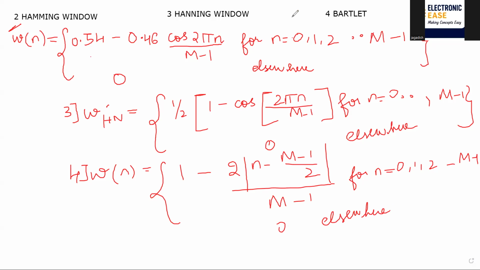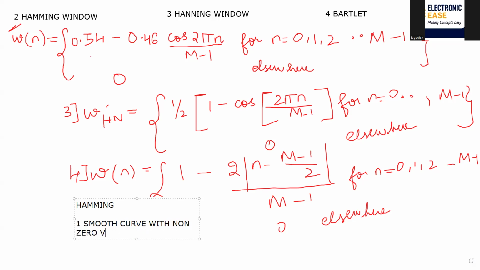So what is the Hamming window, children? Write down the characteristics of Hamming. It will be having a smooth curve with non-zero values.